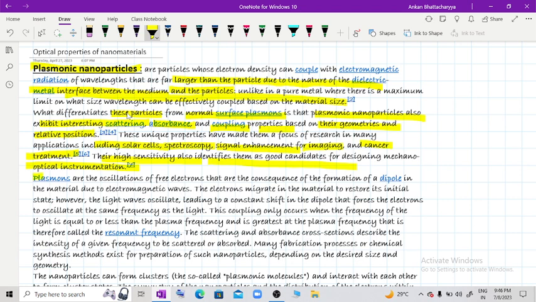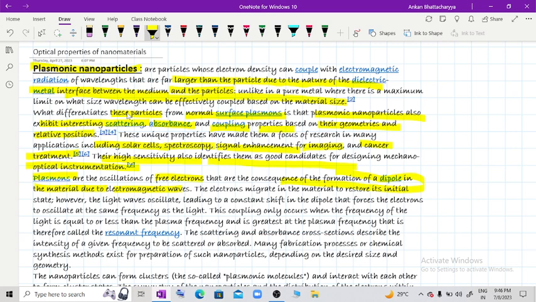Now, what are plasmons? Plasmons are oscillations of free electrons that are a consequence of the formation of a dipole in the material due to the electromagnetic wave. You have already studied electromagnetic wave propagation through plasma and the plasma frequency condition.